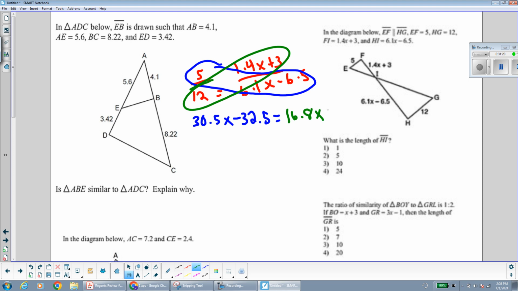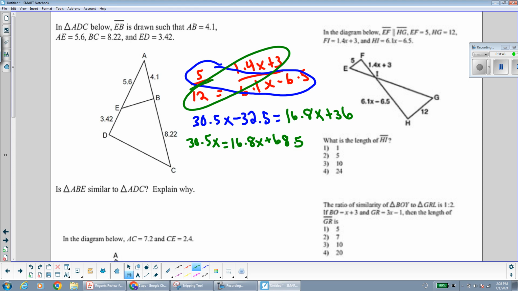And then 12 times 3 is 36. So I'm going to add 32.5, and I got 68.5. So let me rewrite this. 30.5x equals 16.8x plus 68.5. Now I'm going to subtract 16.8.